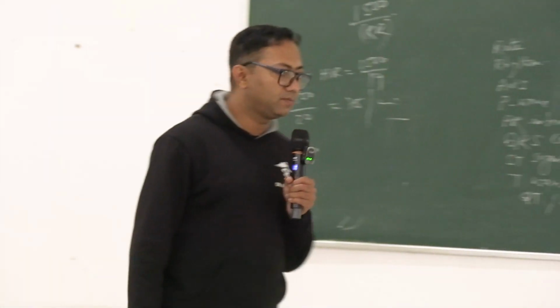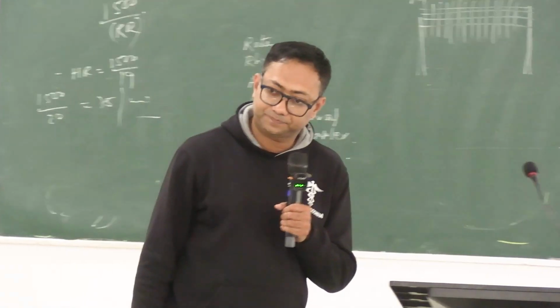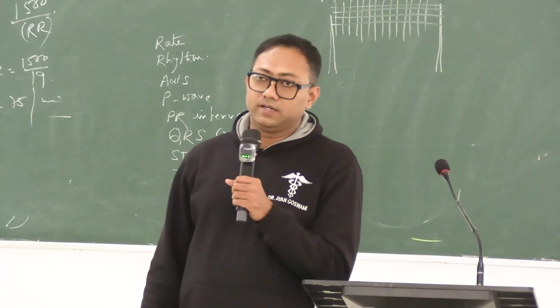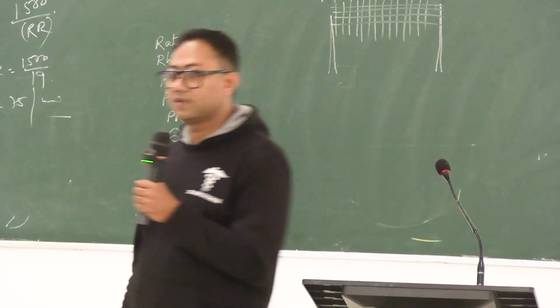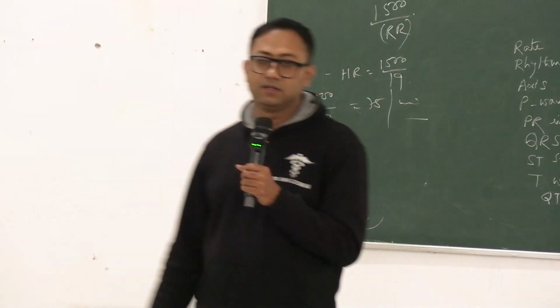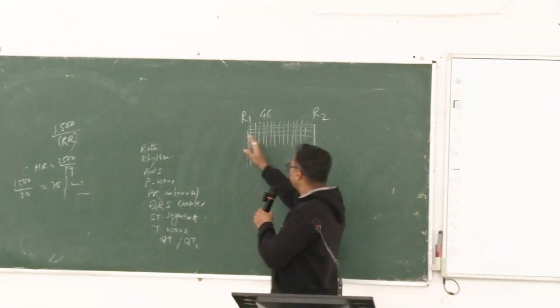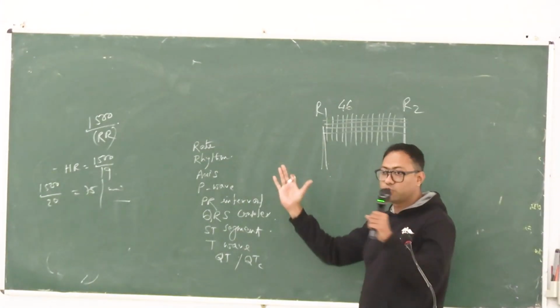So what will happen? What will be the change in formula in that case? If you run the ECG machine at a rate of 50 mm per second, what will happen to these adjacent R waves? Will they be more spacious or more condensed?